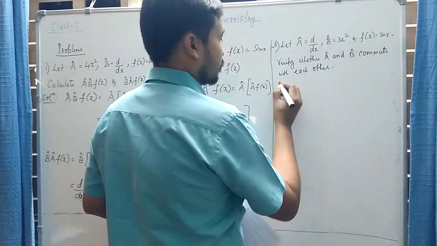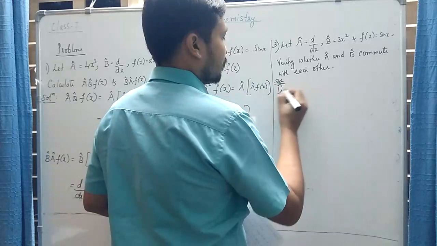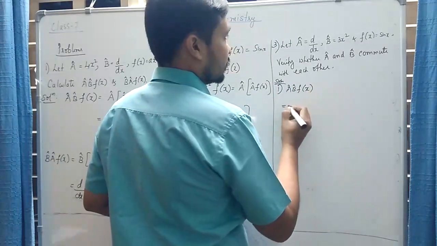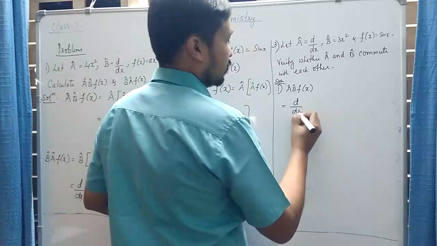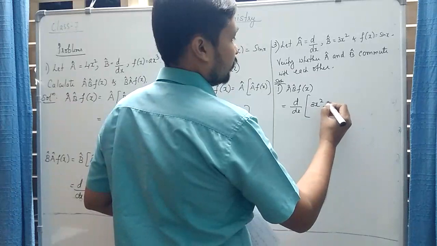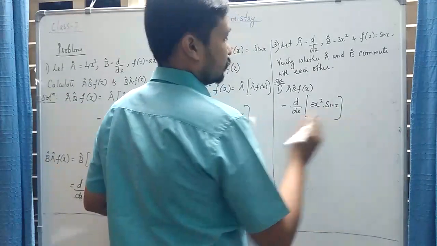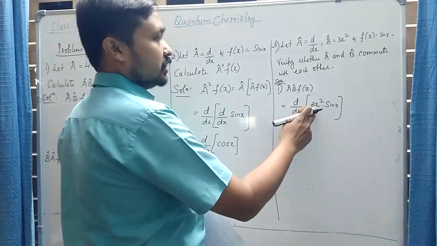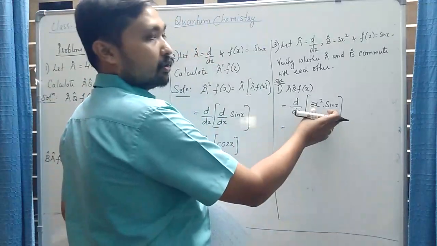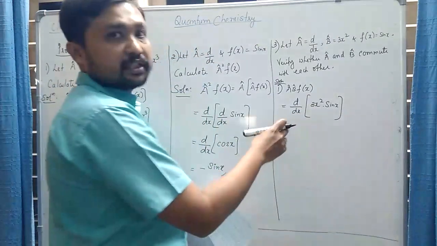First let us calculate A into B of f of x, that is, A is d by dx of B, 3x square, into f of x, which is sin x. So this is operator B, 3x square, and this is operator A. Since you have a product of two functions, we have to apply the product rule.